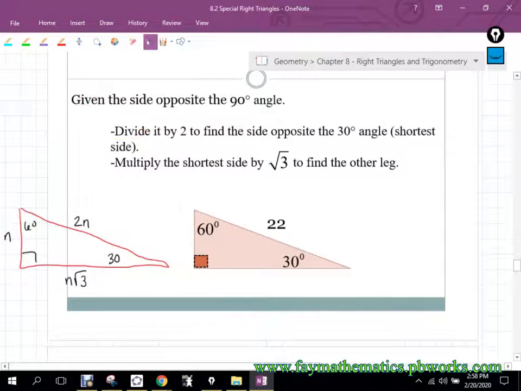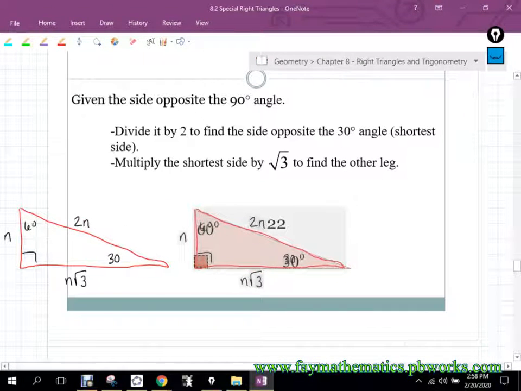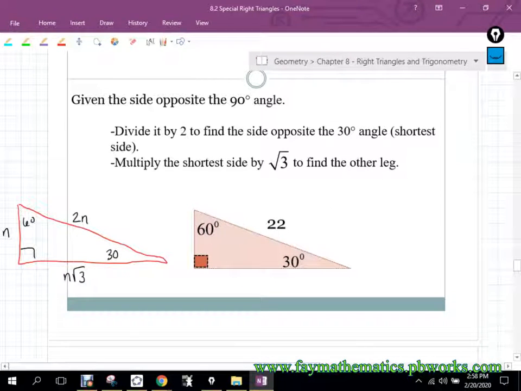So if I do that, and I overlap these now, what's the relationship? What equation do you come up with here? You guys see a 2n is matching up to 22? So 2n equals 22. So I write that equation.